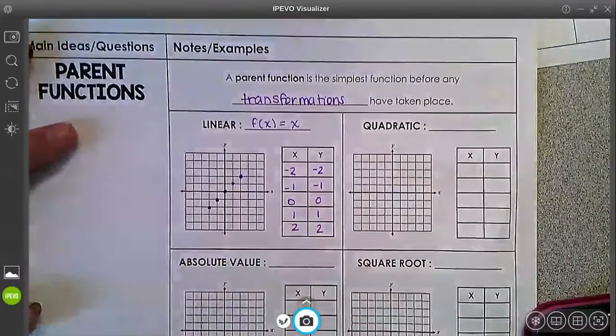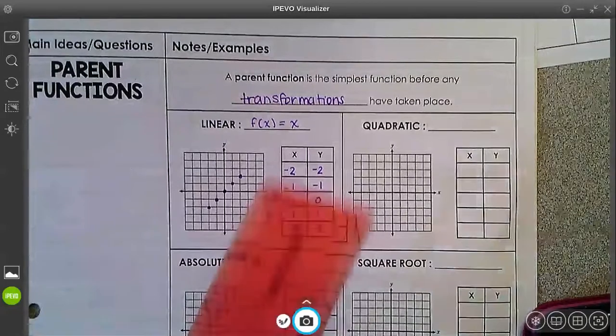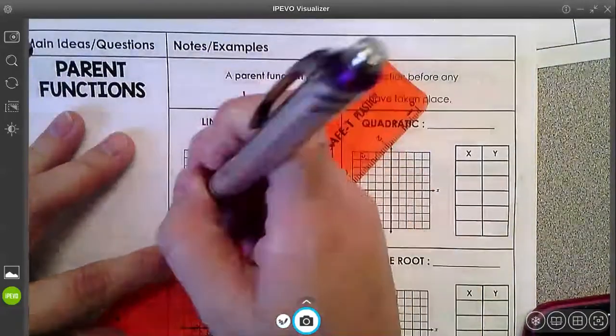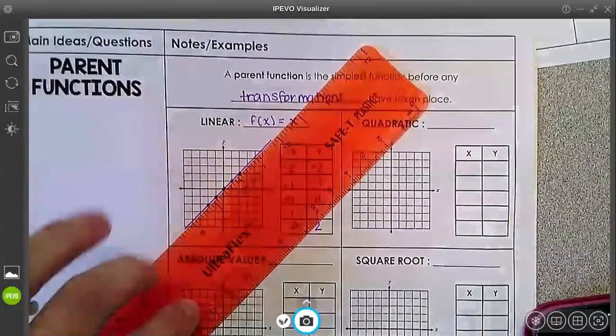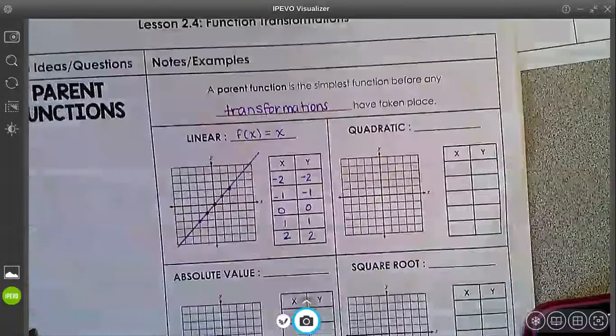This is the original line, and just draw that as straight as you can. So that's a linear function.